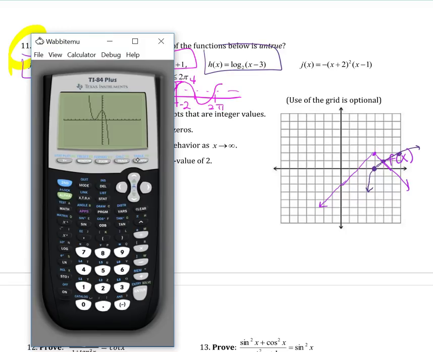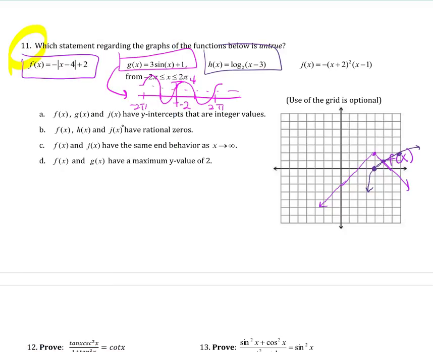Alright, so it looks something like that. I'll just leave that there for my reference if I need it. So that's j of x.